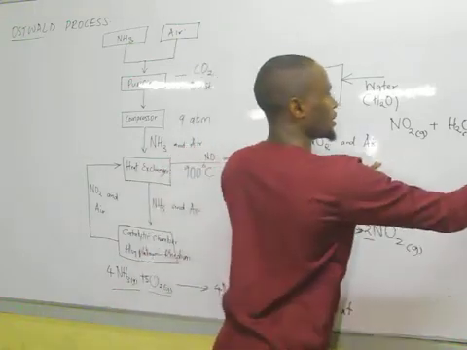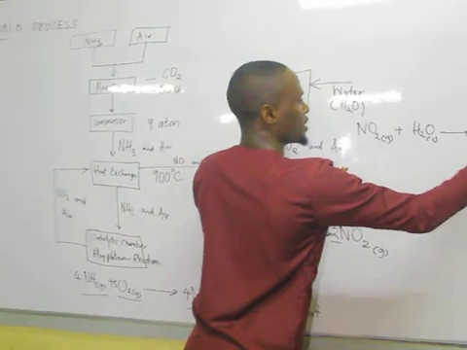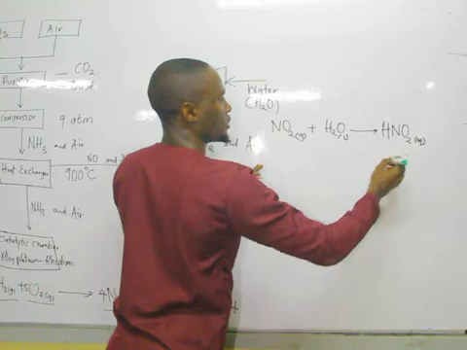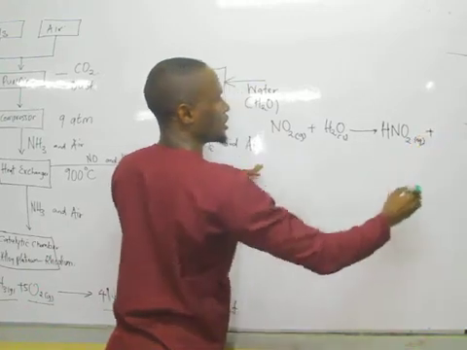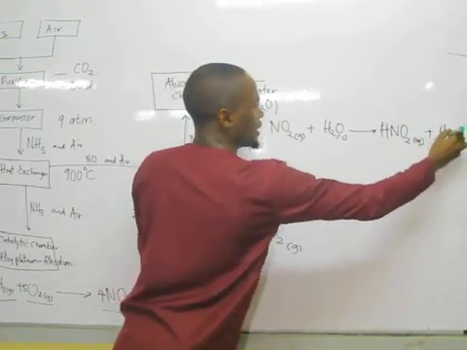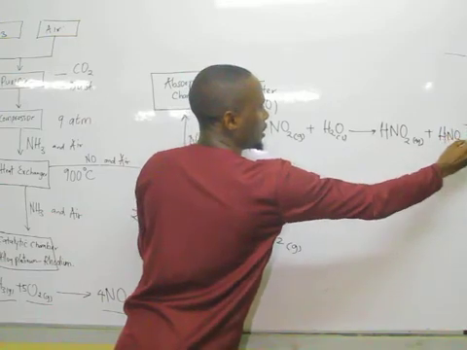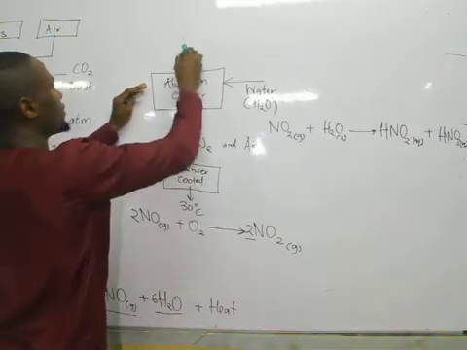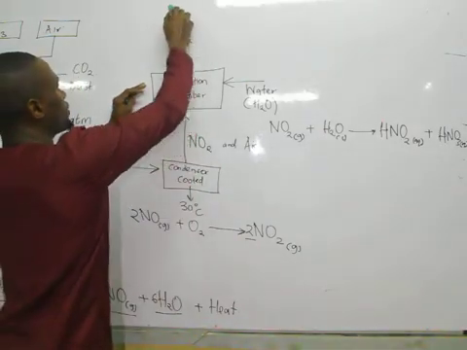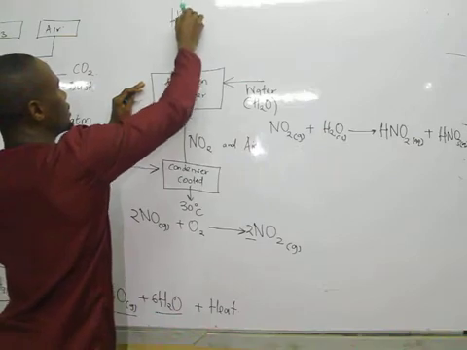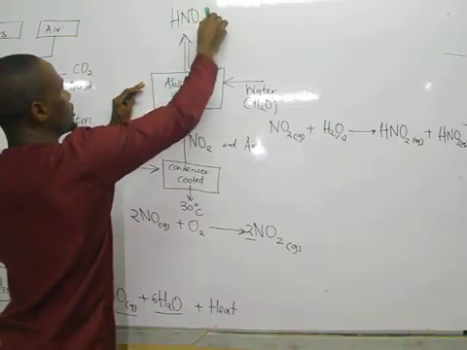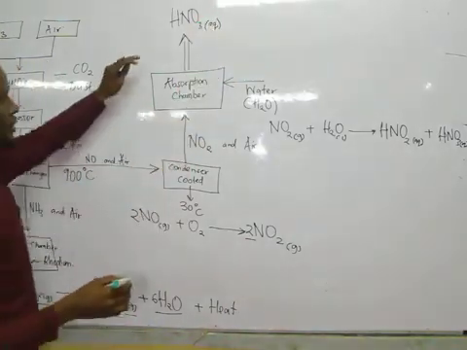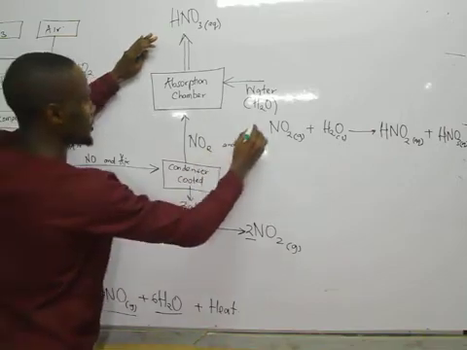The first one is nitrous acid, aqueous because it's dissolved, plus nitric acid, aqueous. That means from this chamber, I'm collecting my nitric acid for doing any of the uses of it.